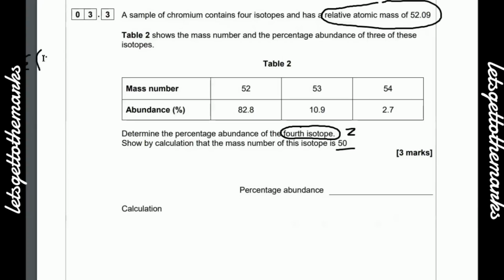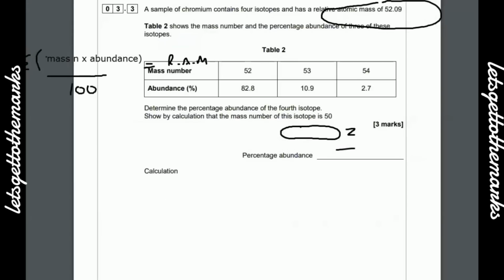So you've got to recall the equation for working out relative atomic mass, and that is that the RAM is equal to the sum of the mass number times the abundance for each isotope. So we need to times the mass by the abundance for each isotope, then divide by the total abundance. In this case, that's going to be 100 because we're using percentages, and that's going to give us the RAM.